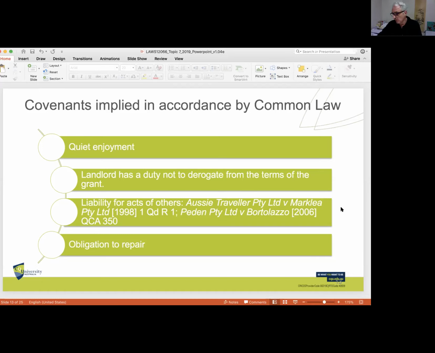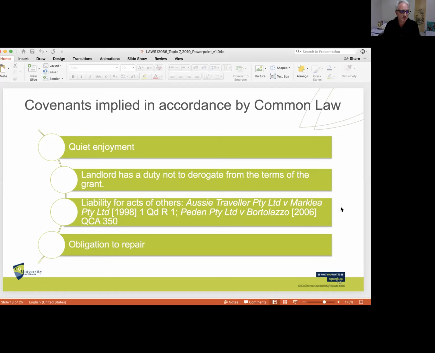Now, we have a variety of sources of these covenants, and you can see, for example, the areas touched upon in your casebook at 8.57.